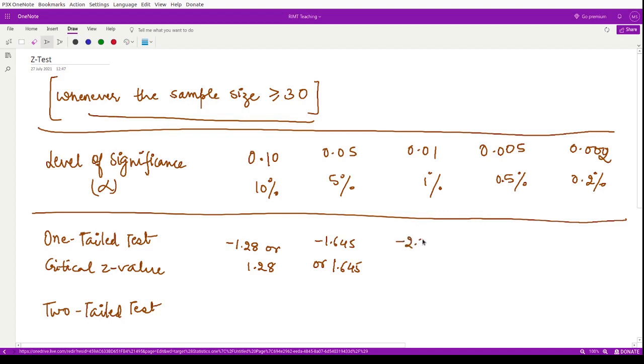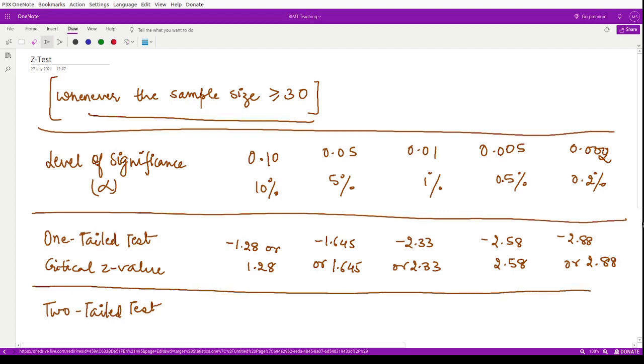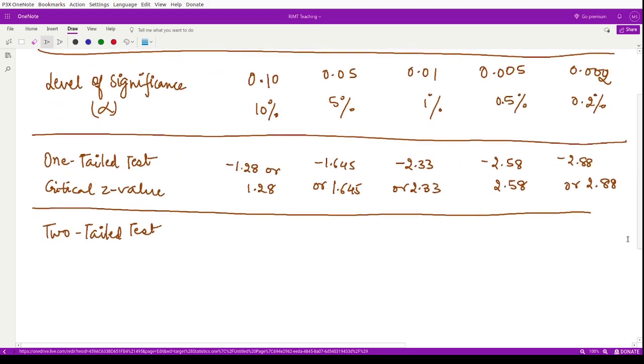Then we have minus 2.33 or 2.33. Then you have the value minus 2.58 or 2.58, and then you have the value as minus 2.88 or 2.88. Then for the two-tailed test, your critical Z values are minus 1.645 and 1.645.